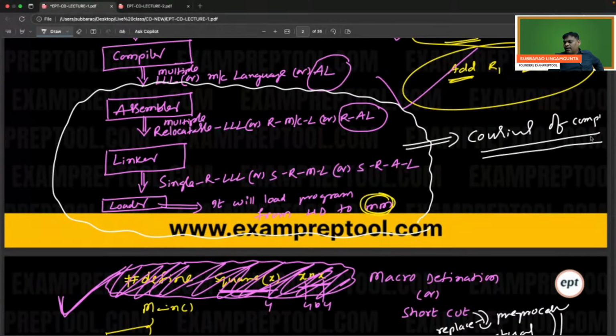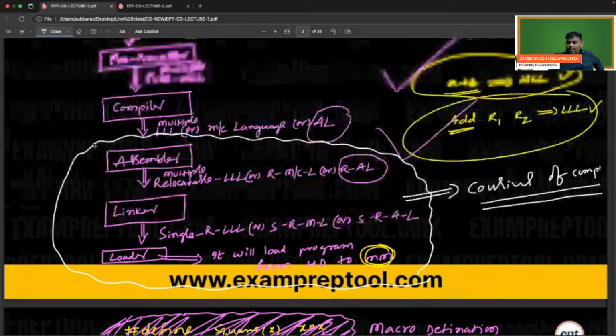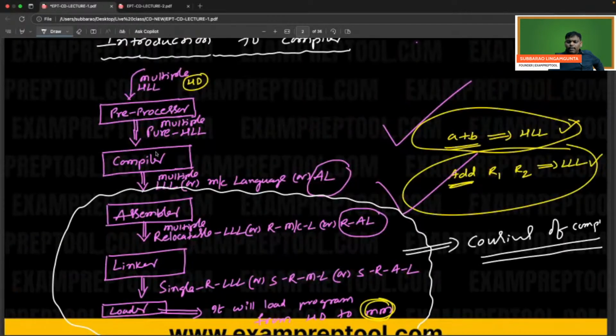Like cousin brother, like cousin sister, so like that, cousins of the compiler. For the compiler, they are also helping. When anyone says compile, normally compile means this only: it will take a high level language and give low level language.